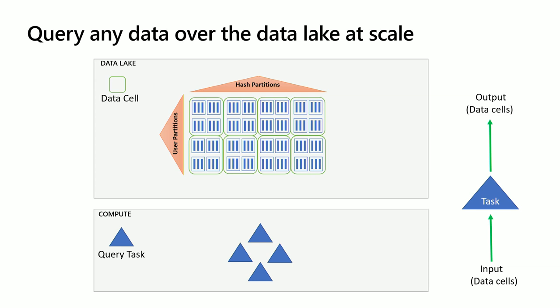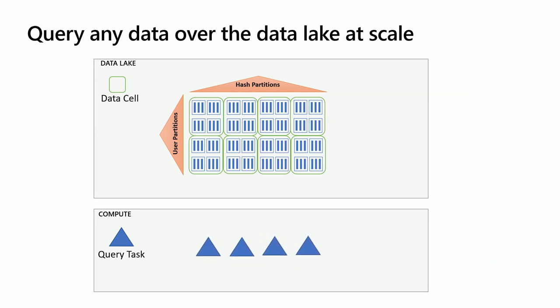And it also outputs data cells for the sake of interoperability with other query tasks. So through this association of data cells and query tasks, the execution of a query is scaled out across thousands of these query tasks. And the scalability limit is only limited by the amount of cells that we have in the data lake, that is, by the amount of your data.